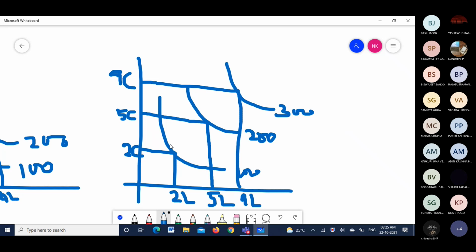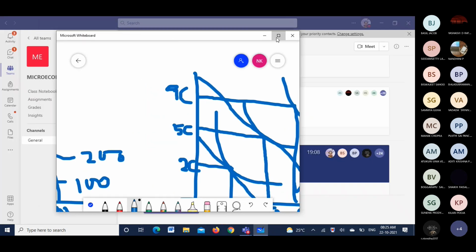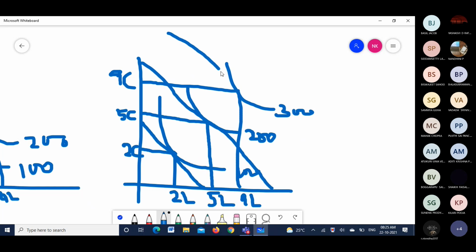So likewise, if you want, you can show it with the isoquant. If you feel that you want to show the isocost also, you will be drawing an isocost line like this. So the isocost line will also be like this so that we can take the equilibrium point.